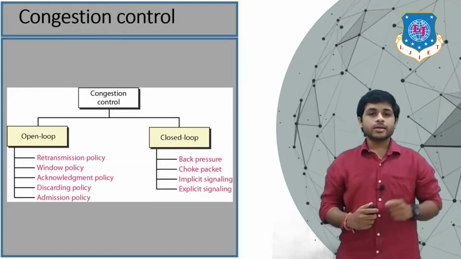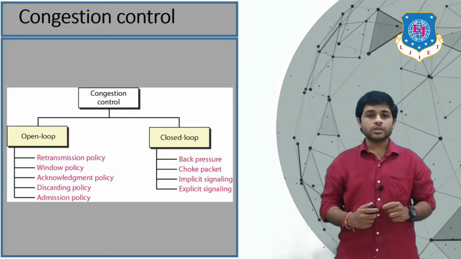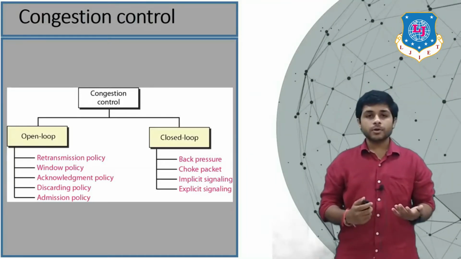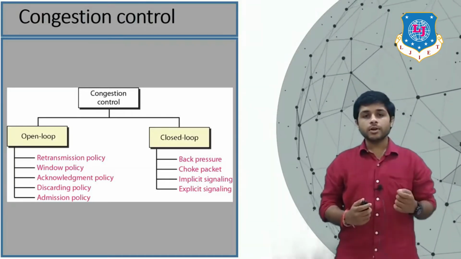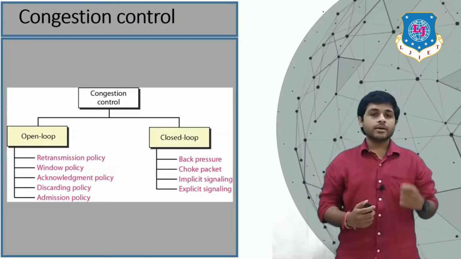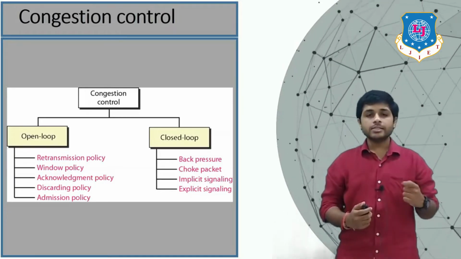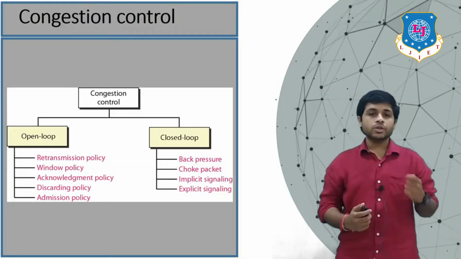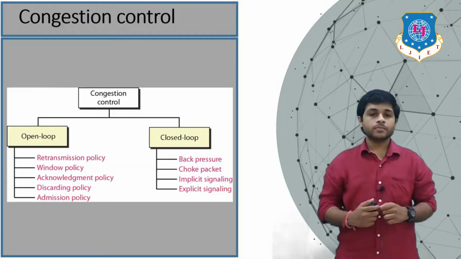The first type in the open loop congestion is the retransmission policy. Now what is the retransmission policy? It tells that when the sender needs to retransmit a packet, the rate of retransmission should be lower.